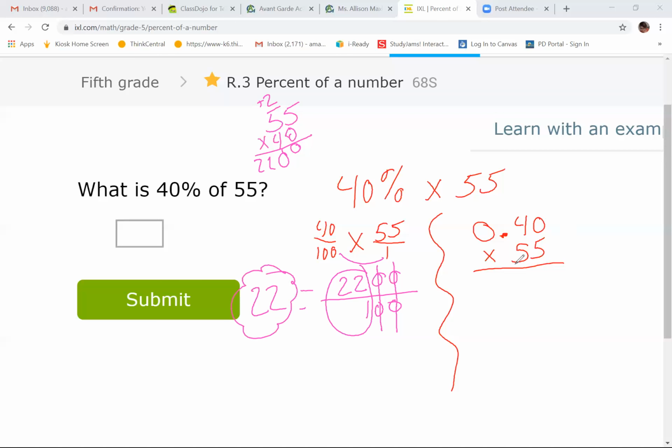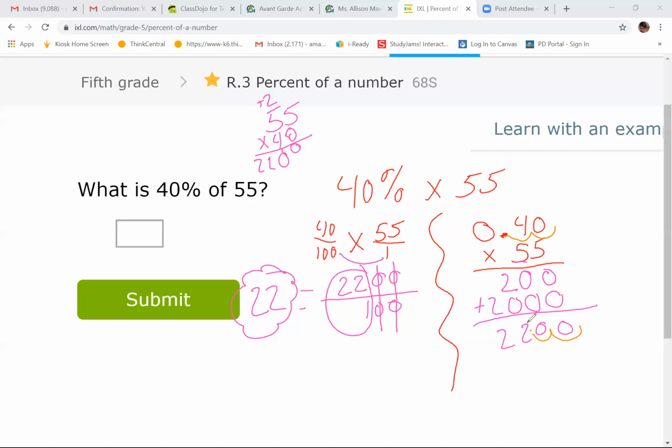I could also do that here with my decimals. 5 times 0 is 0. 5 times 4 is 20. Now I'm in my tens place, put my 0. 5 times 0 is 0. 5 times 4 is 20. Add them up, and I get 2200. But now I have to count my decimal places. 1, 2, 1, 2.